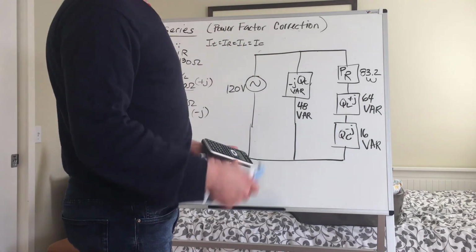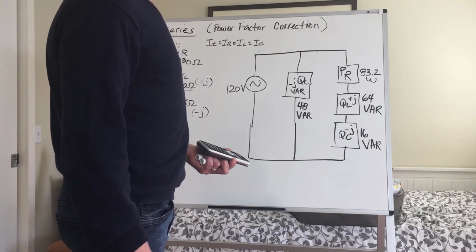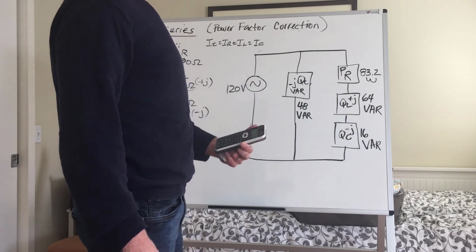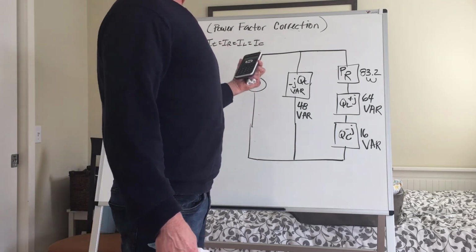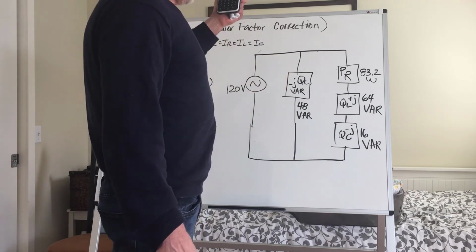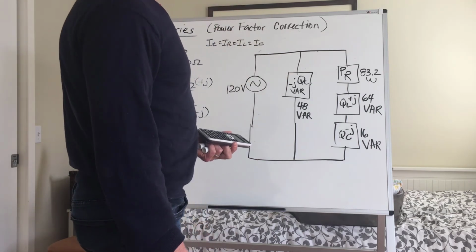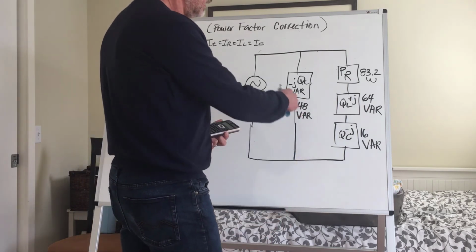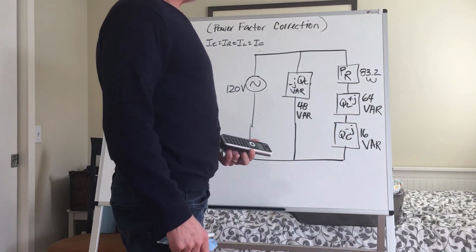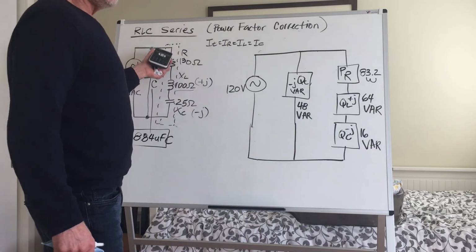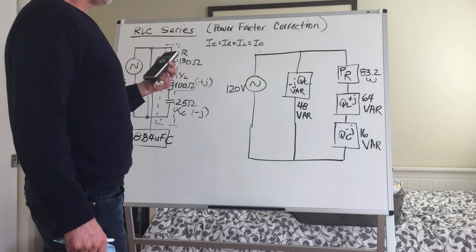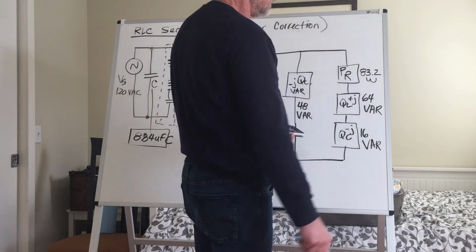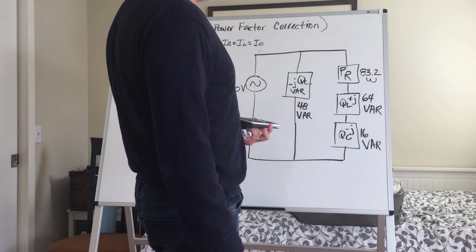And remember, for all power, doesn't matter how it's connected, once you have the power values, whether it be reactive power or real power, or even value of S for that matter, you can add them all up to determine the total power value. So notice how, how did we come about that PR? Well, that was our value of current through this branch squared and multiplied by 130. If you wanted to rewind, you would see that's 83.2 watts of real power.